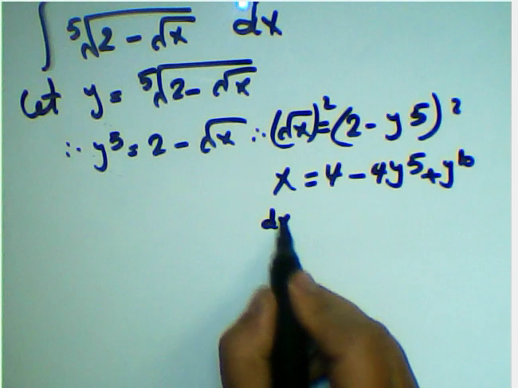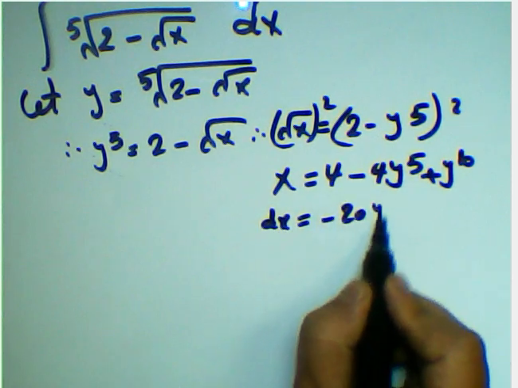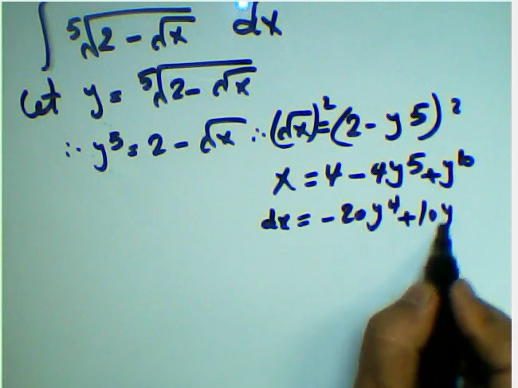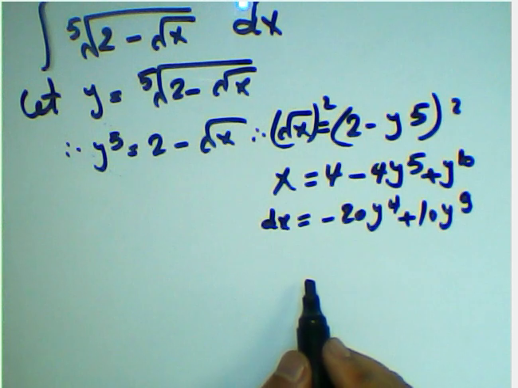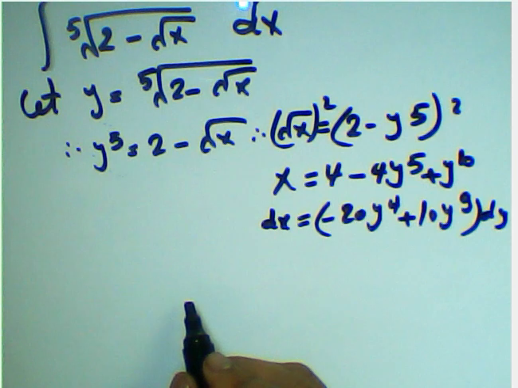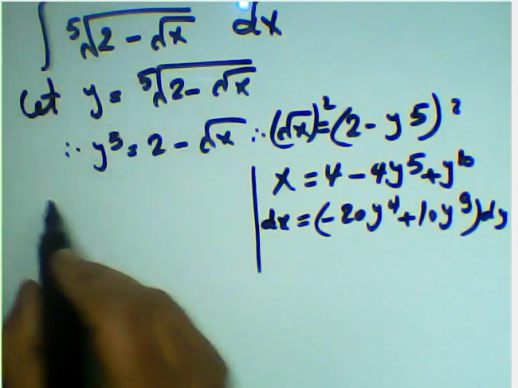and then dx equals, it will be 0 here, negative 20 y power 4 plus 10 y power 9, all dy. Okay, look at the function here.